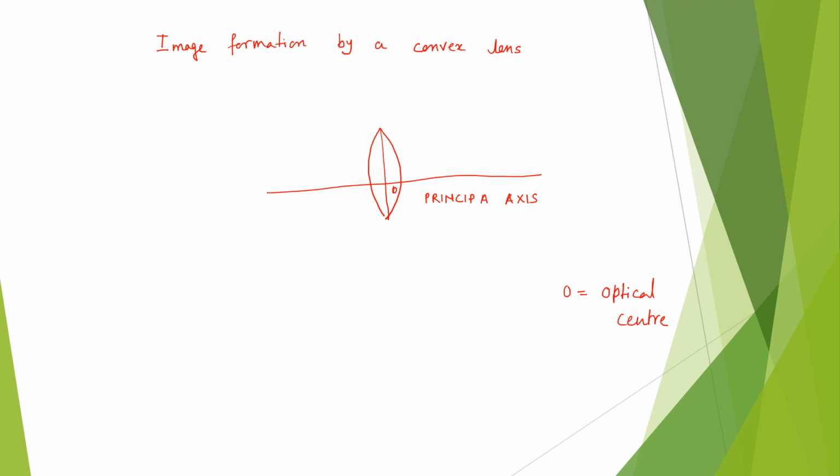Now light rays parallel to the principal axis, after passing through the convex lens, converge to meet at a point on the principal axis.